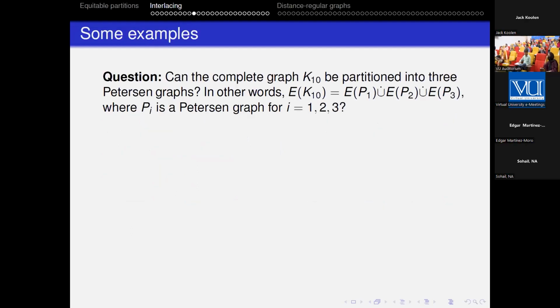So now I will give you some examples. The first example is the question: can the complete graph K10 be partitioned into 3 Petersen graphs? In other words, can we partition the edge set in 3 edge sets so that each edge set gives you a Petersen graph?